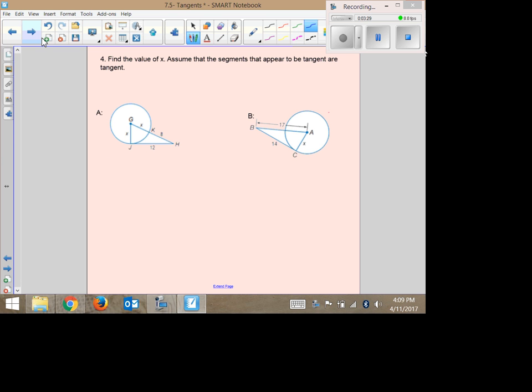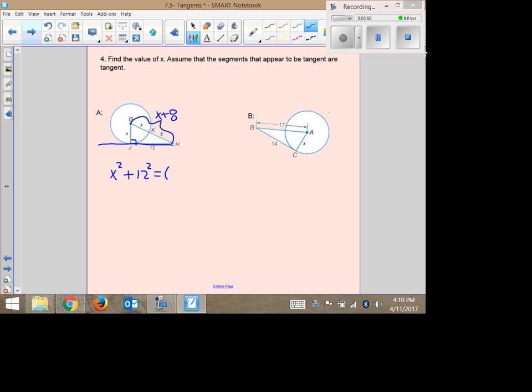All right, we want to find the value of x and assume that the segments that appear to be tangents are tangent. So we're assuming that that line there is tangent. So we need x squared plus 12 squared, and this whole side here is x plus 8.